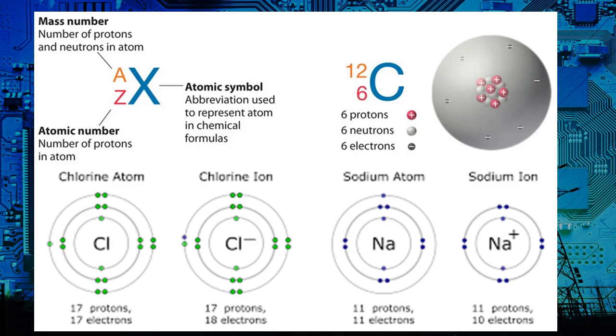For a neutral and stable atom of every element, the number of protons and electrons is equal, unless that atom becomes an ion, or it is an isotope. Carbon has isotopes like carbon-13 and carbon-14, where the mass number is different.